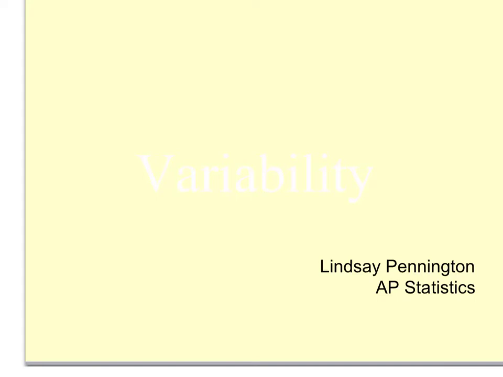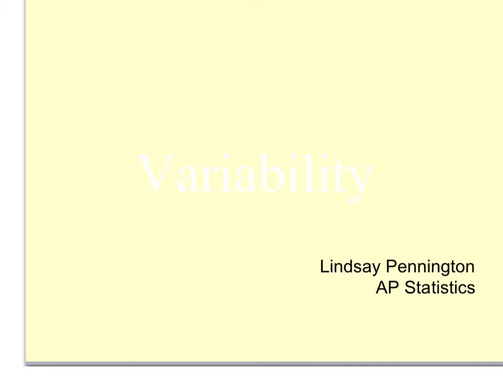Tonight's presentation is about variability, which includes the standard deviation. We've talked in the past about the 5-number summary, which includes the minimum, the maximum, and the 3 quartiles. That is a popular combination to describe a distribution numerically.